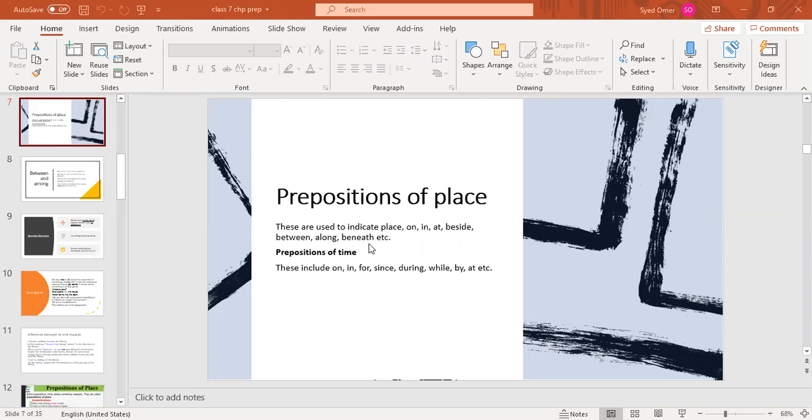My uncle reached home at 2 o'clock. So there's a difference between prepositions of place and time. Now you see that I have used the same preposition to indicate place and to indicate time.